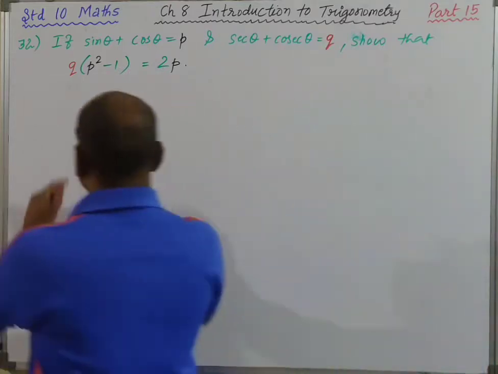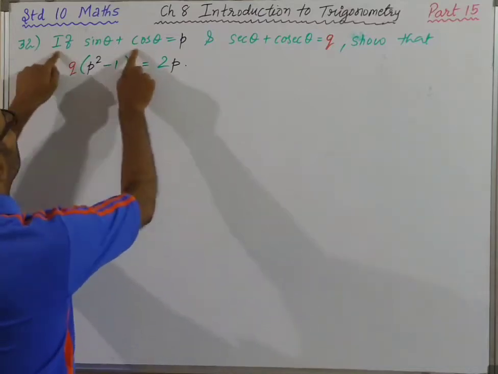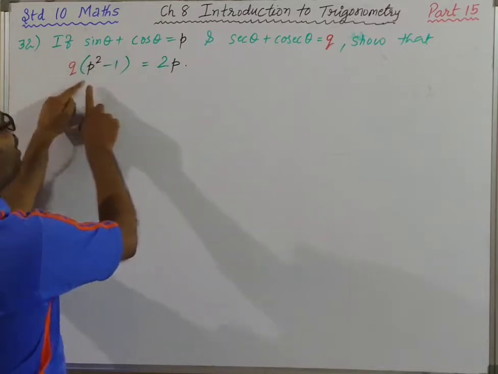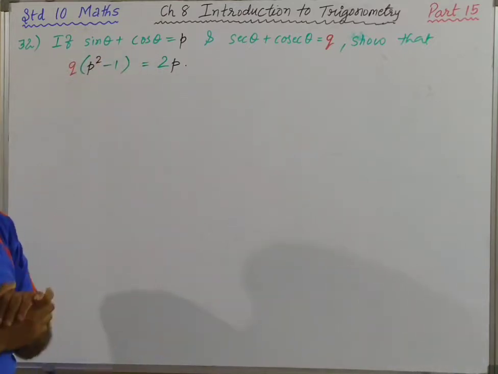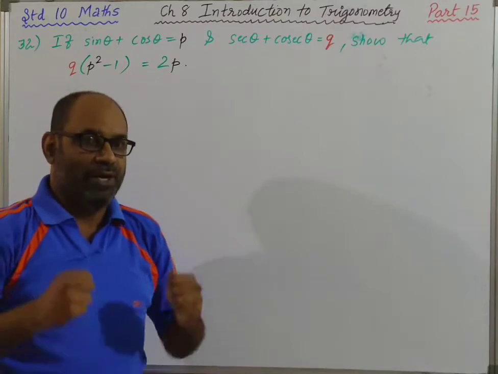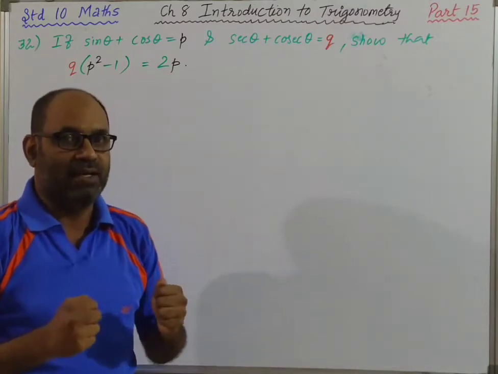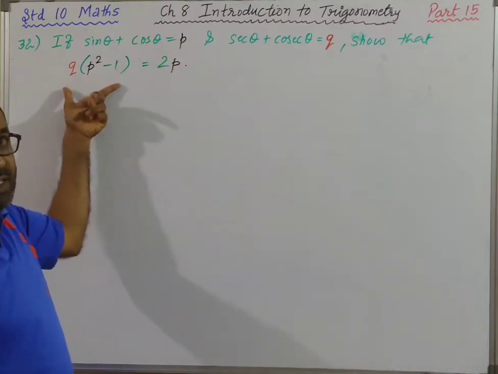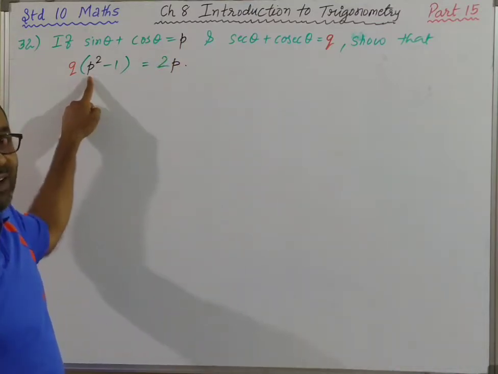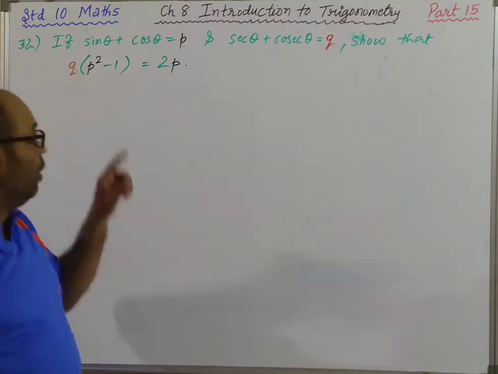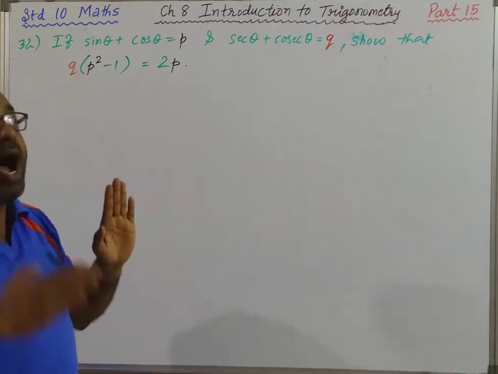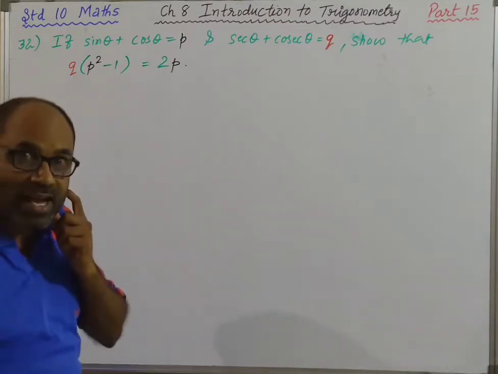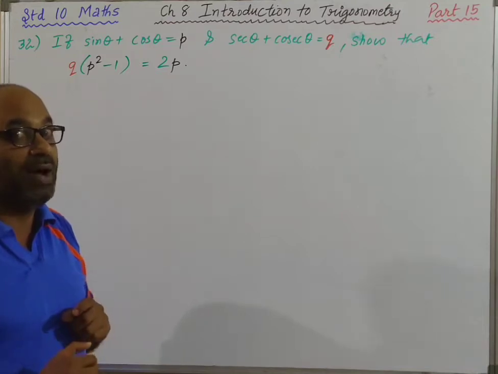Children, I am going to build up this polynomial in two variables Q and P. धीरे धीरे मैं पूरा ये left hand side build up करने वाला हूँ. I am going to construct the left hand side because I have P. If you want to construct the left hand side, first you will need P square, so I will square both sides. Then I don't want P square, I want P square minus 1, so subtracting 1 on both sides will give me P square minus 1.